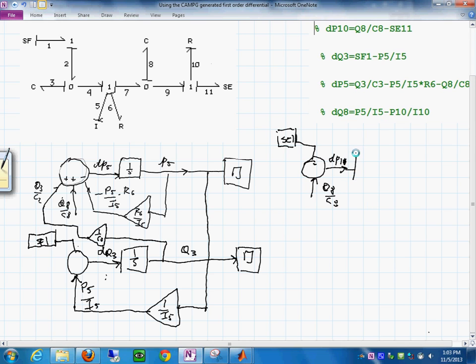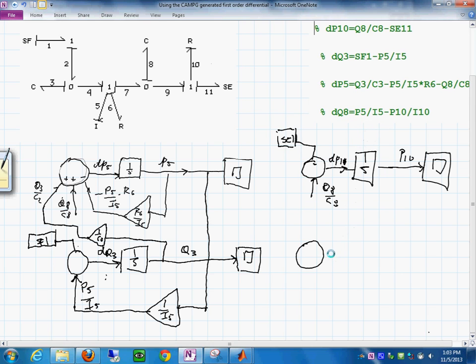If you integrate just like the other state variables, this would be p sub 10, and then you could put the scope in here. But q sub 8 is one that we don't have yet, because this is coming from here, and we need that to complete here, so let's just do it here.